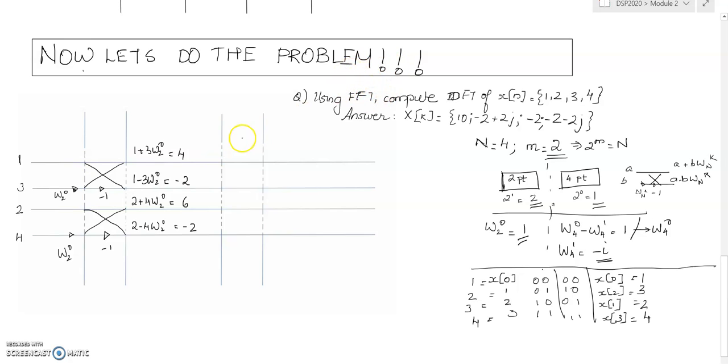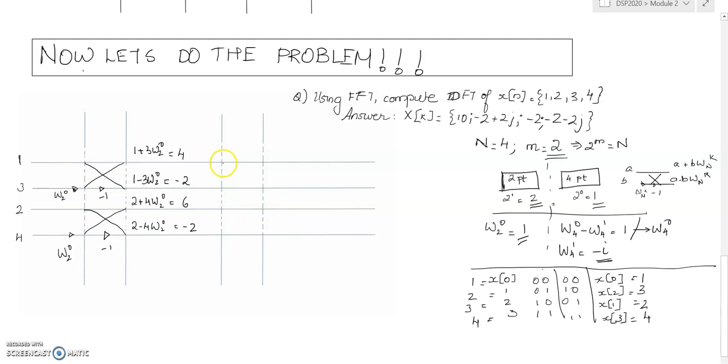To perform the second stage, you are combining the outputs of the previous stage, and you have 2 different butterflies. So what you do here is you connect the top arm of the first butterfly with the top arm of the second butterfly.